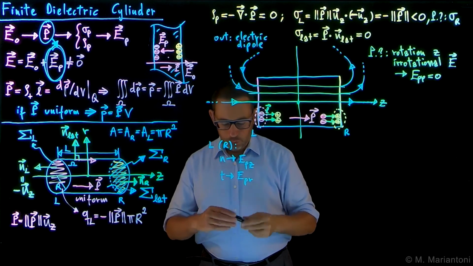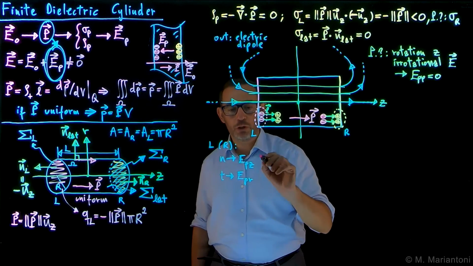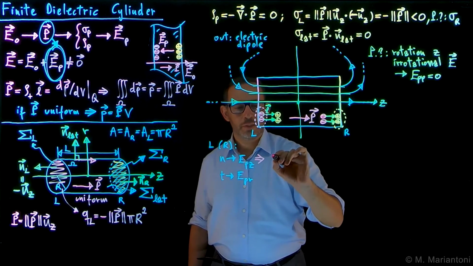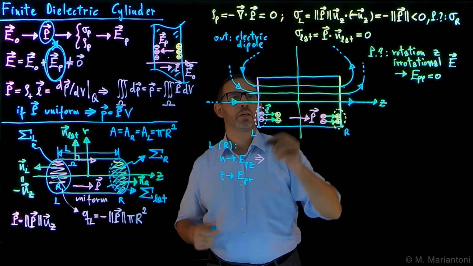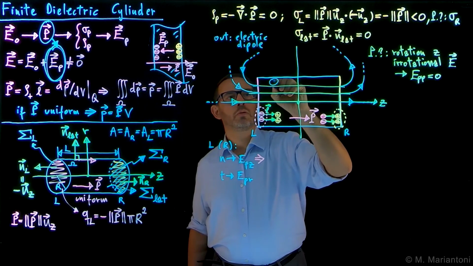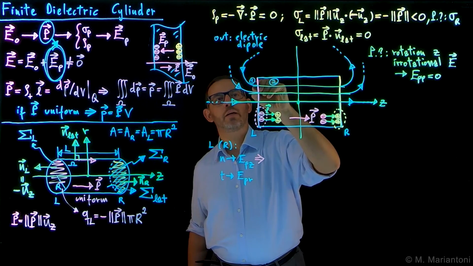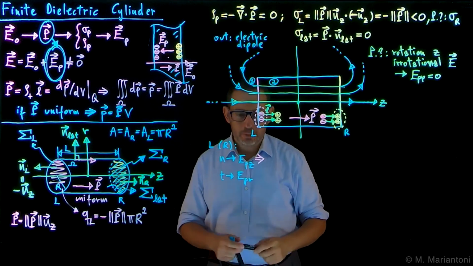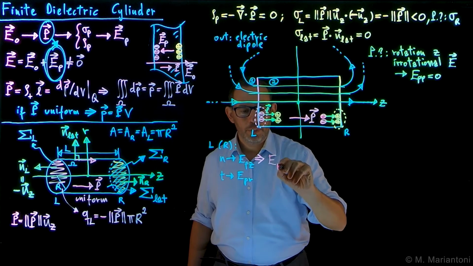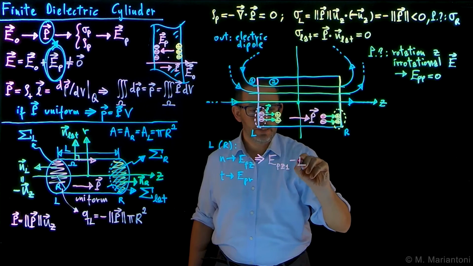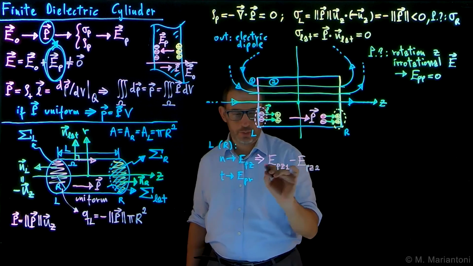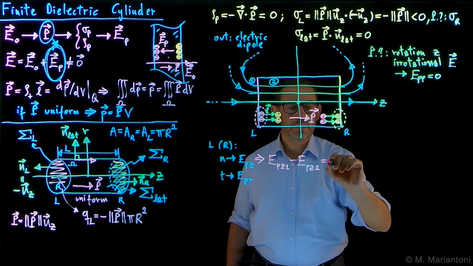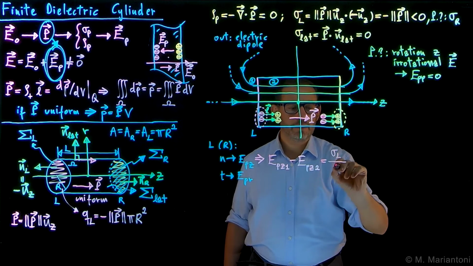So if this is the case here, from 242 we should know that for the normal components, if we define this region here as region 2, and the vacuum outside as region 1, so n points from 2 to 1, we know that E_PZ1 minus E_PZ2, which are the normal components with respect to this n, have to be equal to whatever sigma we have on that surface, which is sigma_L divided by epsilon naught.